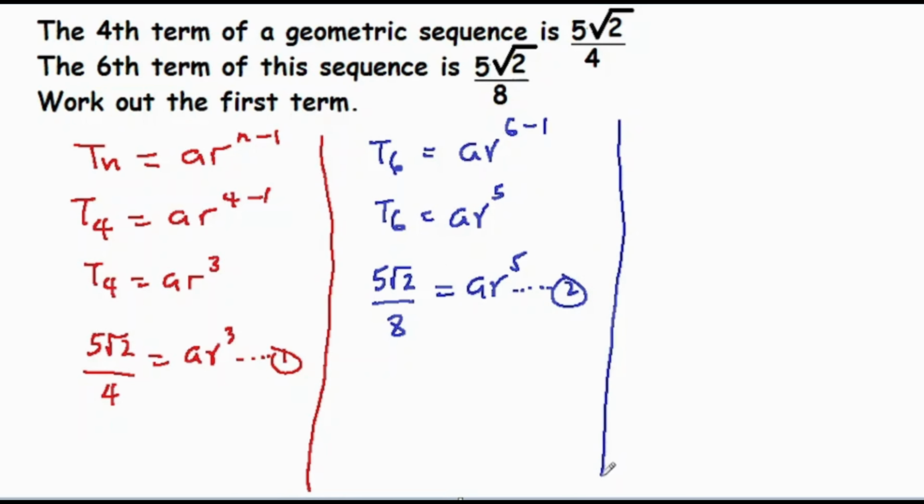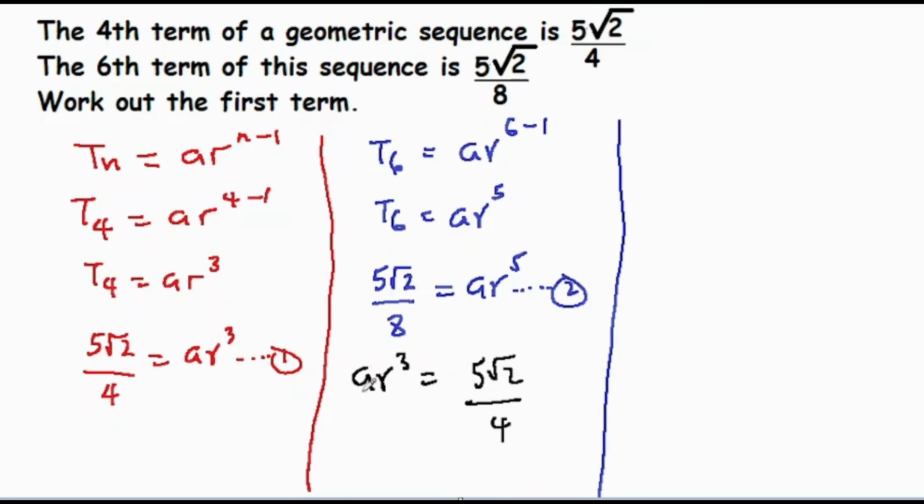So what we're going to do now is make a the subject of the formula in equation 1. Then we substitute that into equation 2. So from equation 1, ar raised to power 3 is equal to 5 root 2 divided by 4.